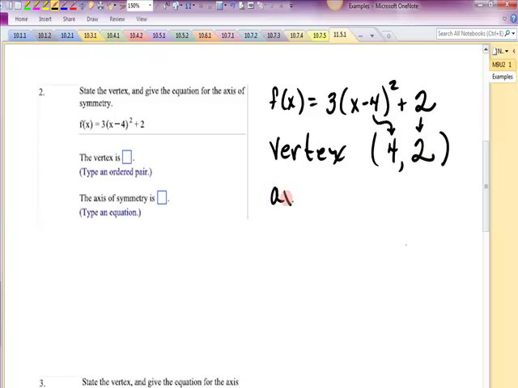The axis of symmetry is a vertical line. It is x equals what? x equals 4. Remember, this means that this parabola opens upward because that's positive, and this is its bottommost point.